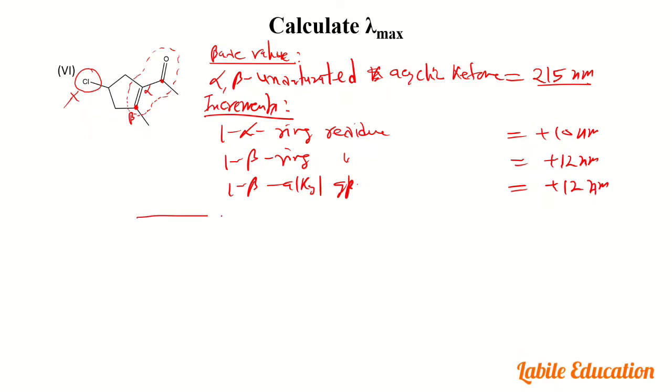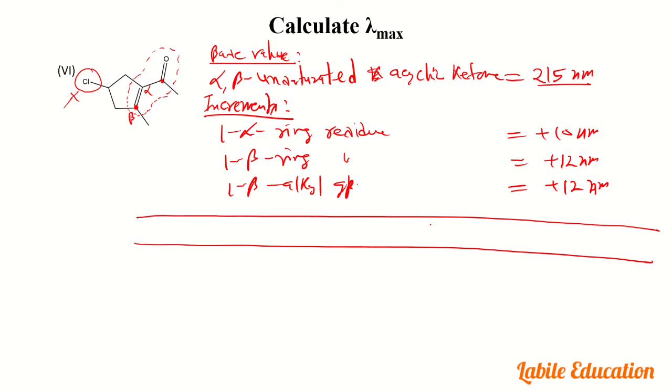There is no exocyclic double bond, and now we can sum them up. And now the lambda max calculated in ethanol will be 249 nanometer.